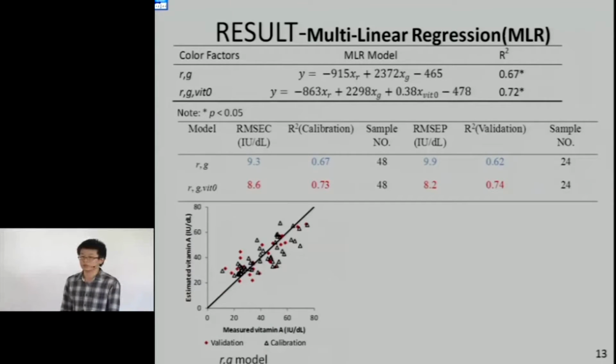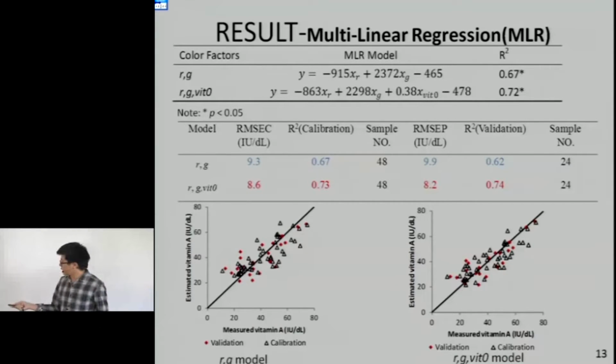This is the comparison of the measured value and the estimated value. This is the first model, the RG model, and this is with the initial vitamin A level added.